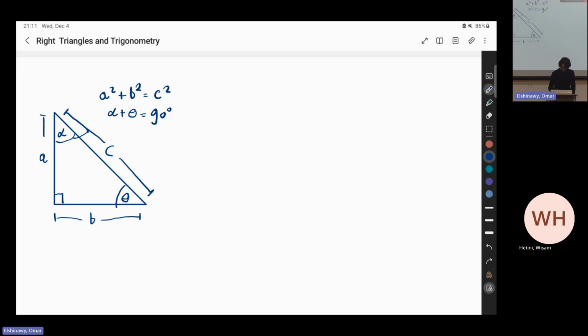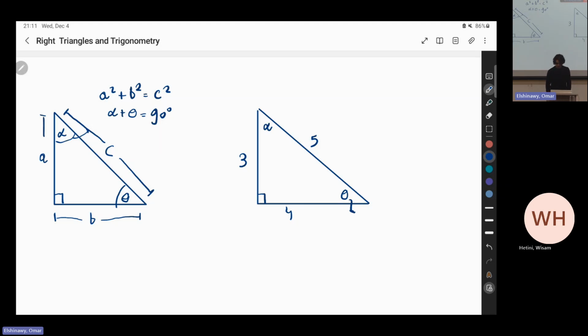So let's say I have a triangle with sides 3, 4, and 5. I'm just applying the Pythagorean theorem. Then I can find out what this angle is, and what that angle is, just by knowing the sides. So this is also very powerful in this sense. I'm trying to motivate theory here. And let's see what this characterization looks like.